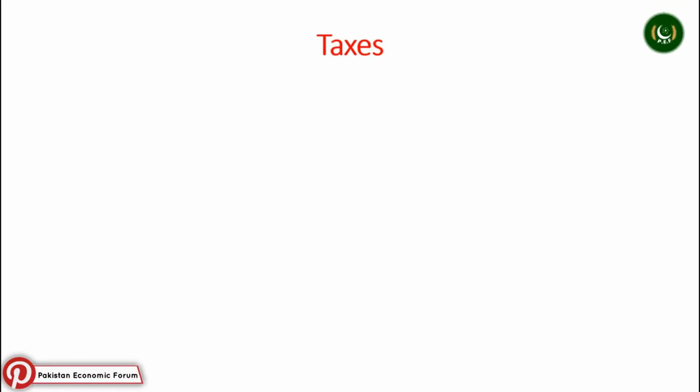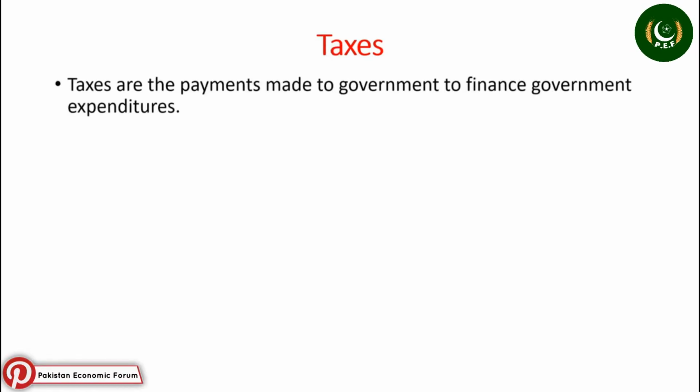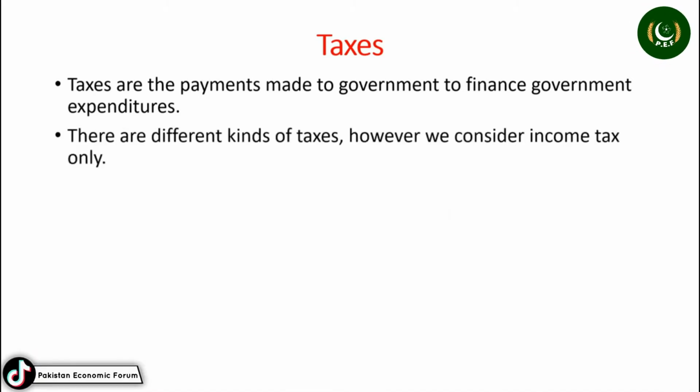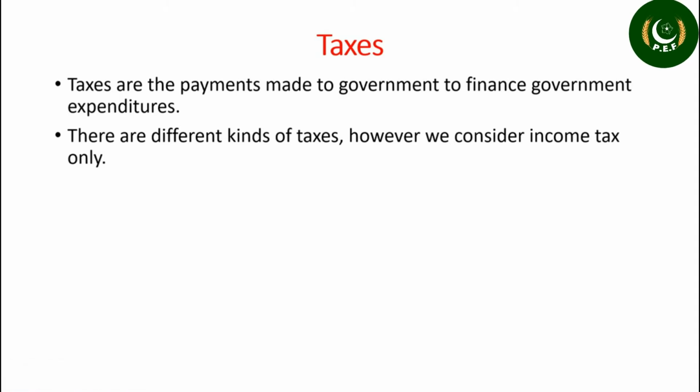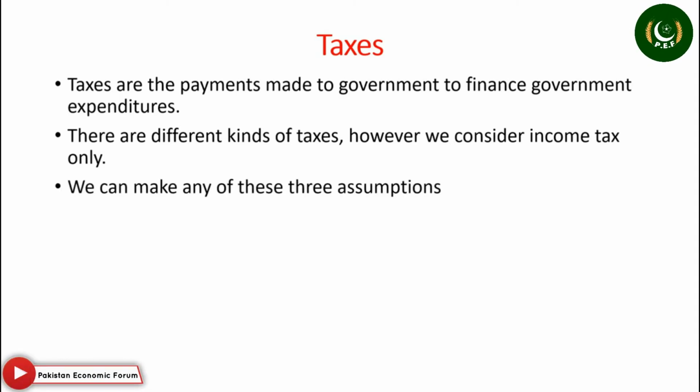So, next are the taxes. Taxes are the payments made to the government to finance government expenditures. There are different kinds of taxes. However, we consider income tax mainly. We can make any of these three assumptions.